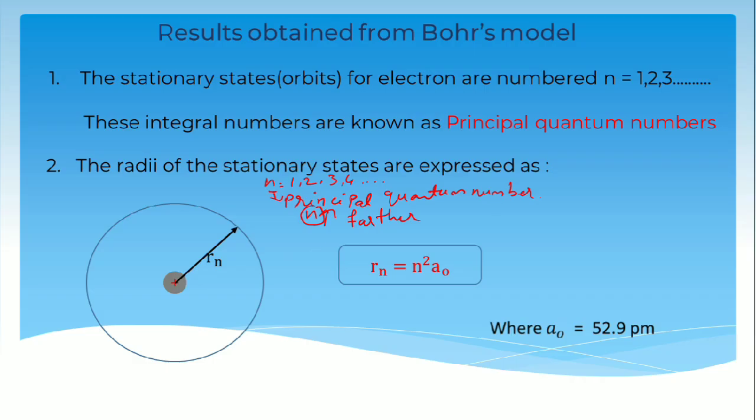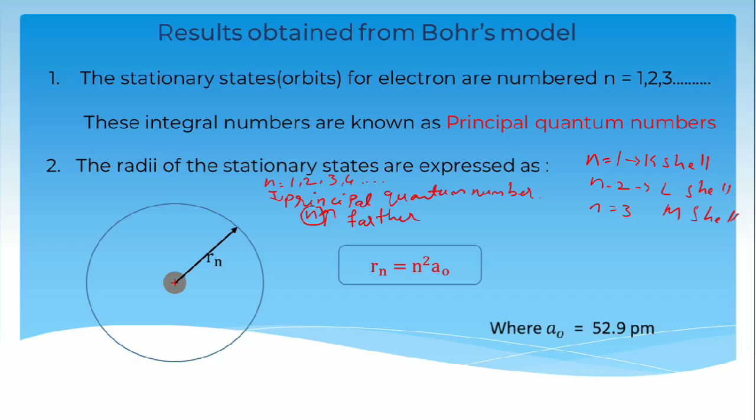For example, when n equals 1, it is the first orbit, the K shell. When n equals 2, the second orbit, the L shell. n equals 3, the M shell.